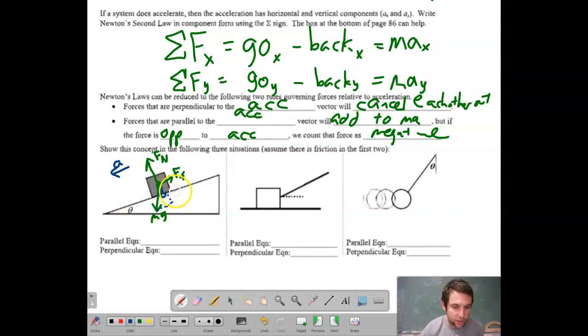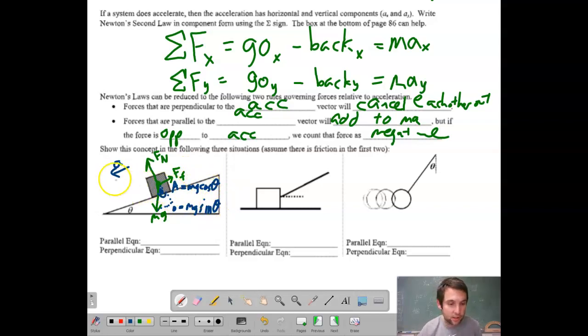I know this side is touching, so this is my adjacent side, and I know this side is opposite, so this is my opposite side. So this is going to be mg sine theta, and this is going to be mg cosine theta. Okay, so just from this I can tell my normal force is equal to mg cosine theta, and then my frictional force would be mu times mg cosine theta.